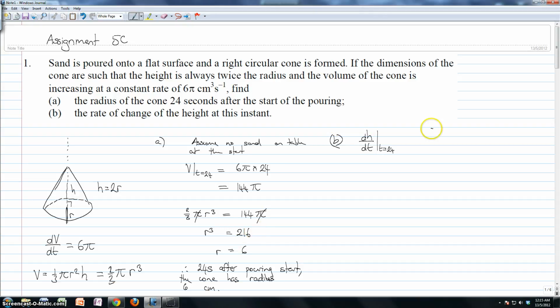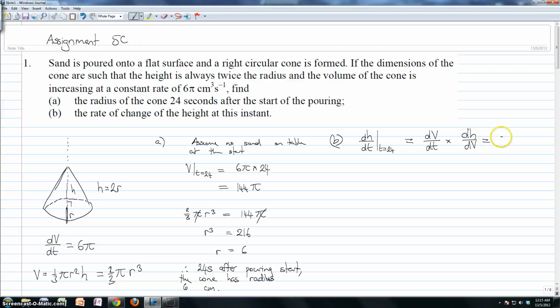So how am I going to find dh dt? Well, I've got dv dt, that's fine. And to get dh dt, I'm going to need to multiply by dh dv.